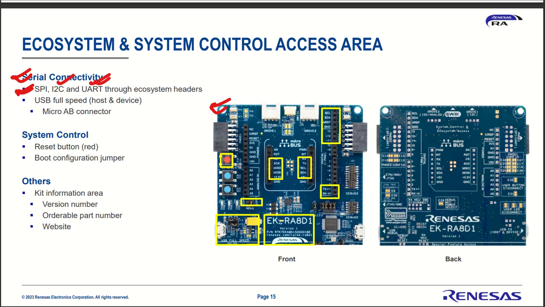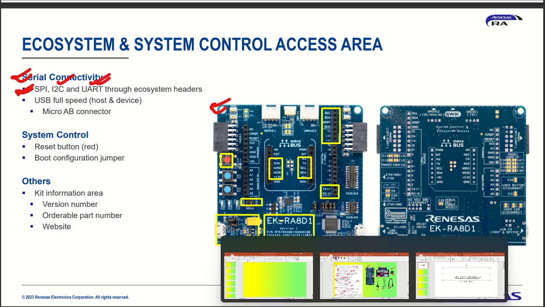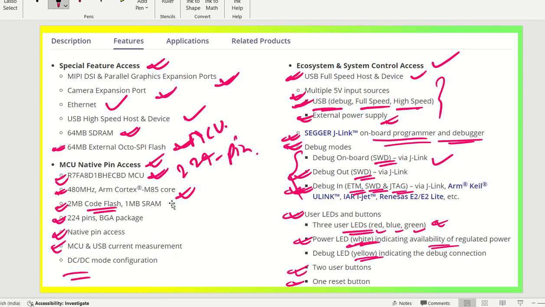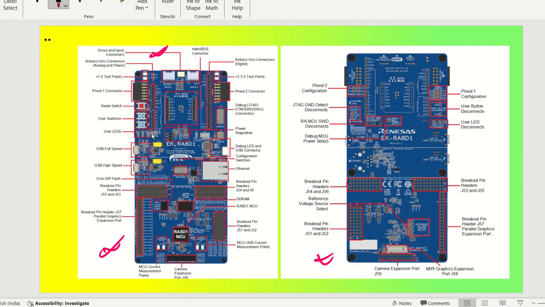Okay, so coming to the presentation, you will see here this is your front end board and this is your back end board, and here you will be able to find out where is your SPI and where are your user LEDs or USB full speed, USB high speed, and your user switches and reset switches, then PMOD connector 1 and PMOD connector 2.